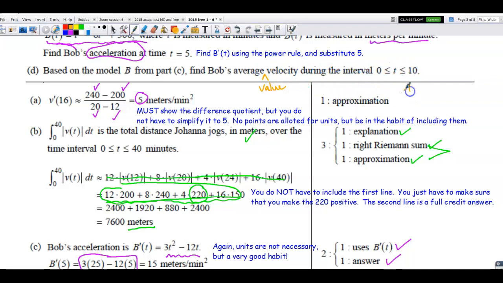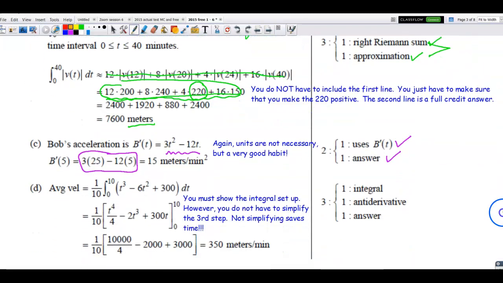So this is going to be our 1 over b minus a, integral from a to b. So we want the average value of the velocity function. In this case, 1 over 10 minus 0, integral from 0 to 10, accumulating area under velocity. And so you can see there's the 1/10, 0 to 10.